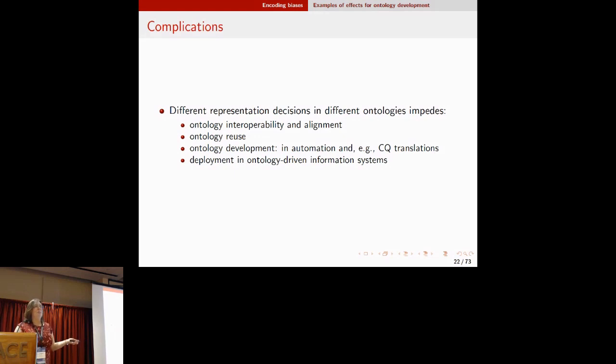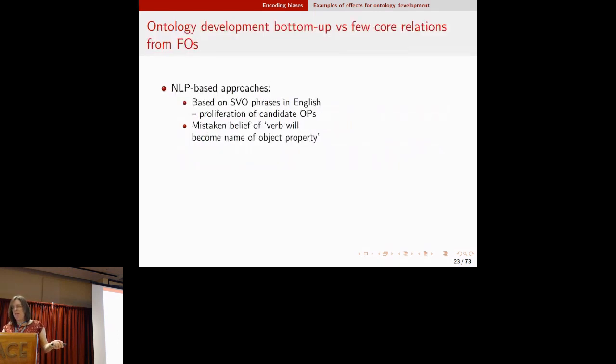And if so, how are you going to manage that then? So that is also your ontology reuse. It also affects ontology development, for those tools that actually aim to help you add those axioms to the ontology, because they then have to guide you on which kind of axioms you're going to put in there. And it also has an effect on the deployment, but that we'll see in the next subsection.